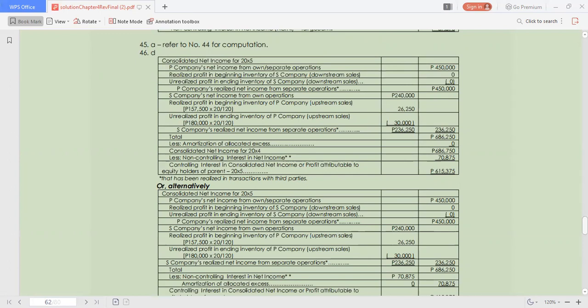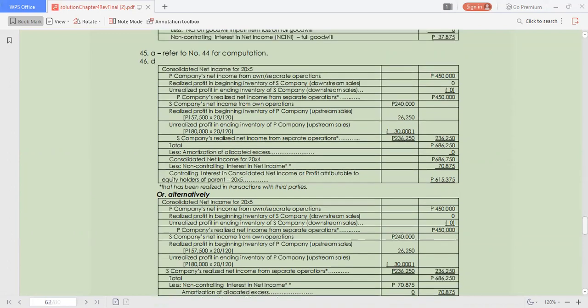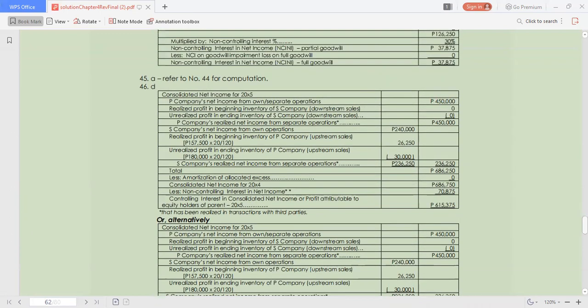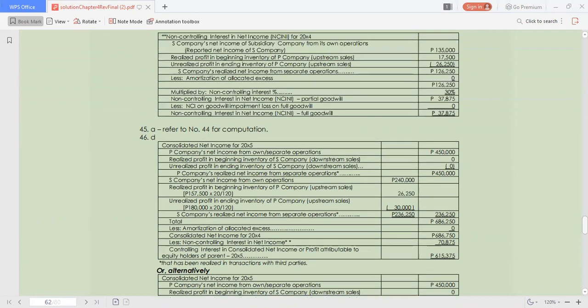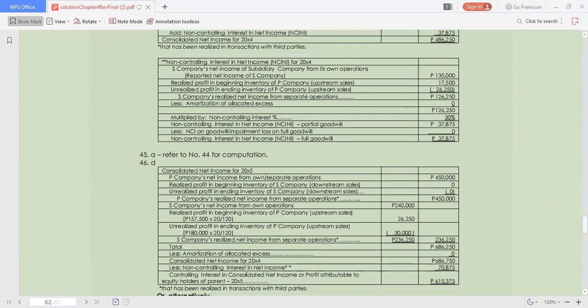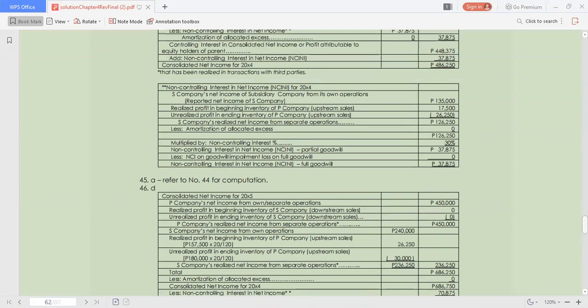So 20x4, again, we are now dealing with number 44 for the answer to number 45, which is letter A. So we have now 448,375, the controlling interest in the consolidated net income for 20x4.